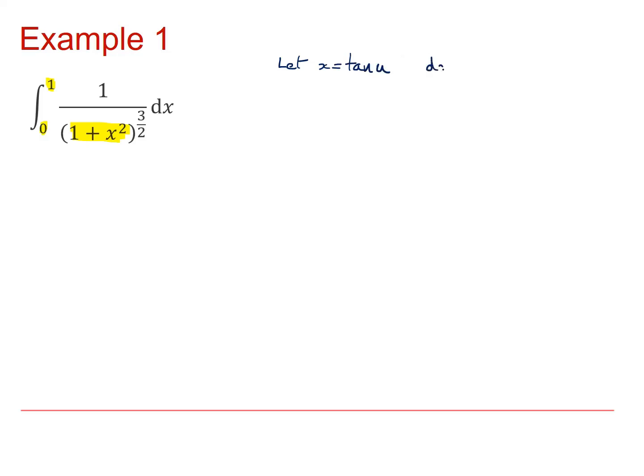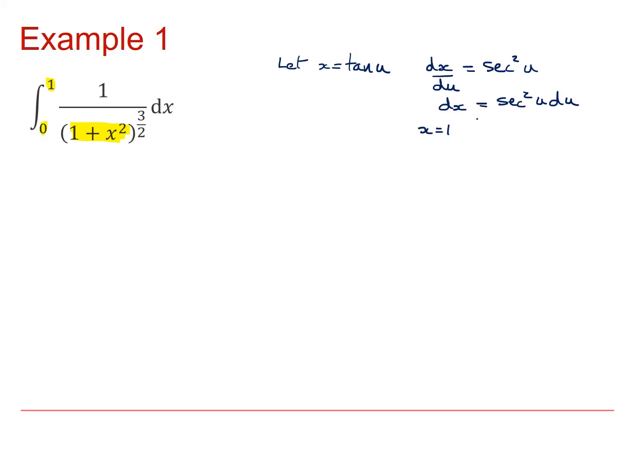So that means that dx by du is equal to sec squared u. And therefore, when I do the substitution, I will replace dx with sec squared u du. Now I need to think about the limits.